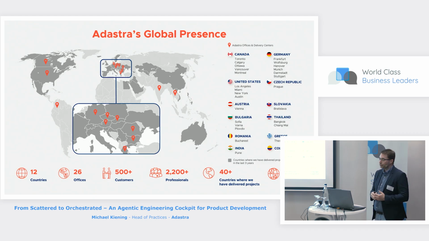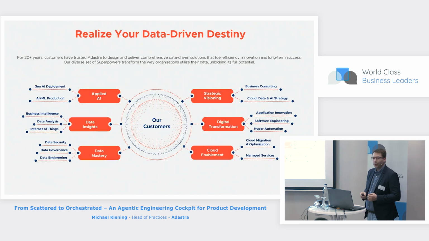I'm living in Munich. We also have an office there, and our global headquarter is in Canada, Toronto. But again, we also do nearshoring from Greece and Bulgaria, and offshoring from Thailand, Colombia, and India. We are in the market for more than 20 years. We actually had our 25th birthday a couple of weeks ago and celebrated that intensely.